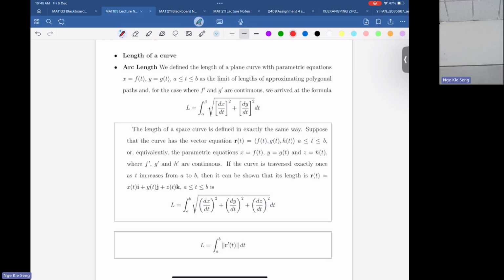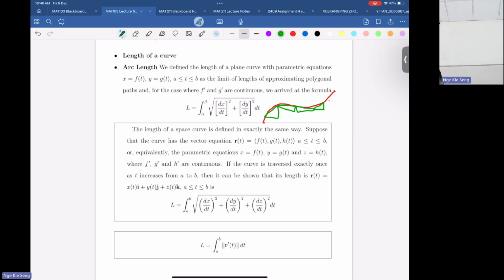But my curve is curvier. It's not straight. What to do? Last time, what did we do? We used a bunch of right angle triangles to estimate the curve. You should start imagining what I'm talking about because last time I drew it for you. So if you have this, then you can use a bunch of triangles to estimate your length.